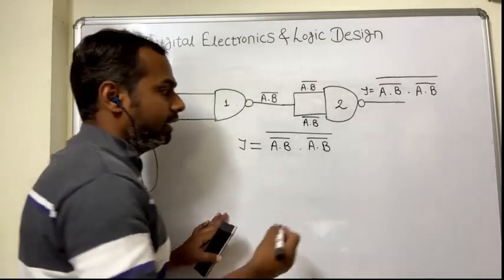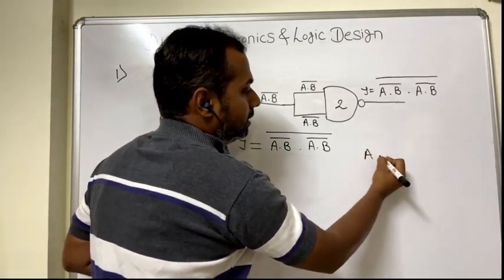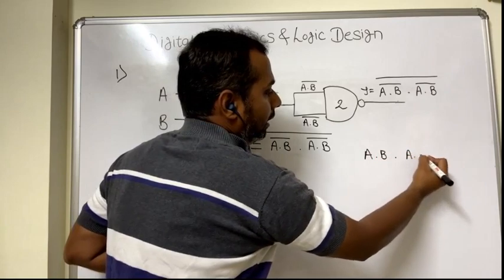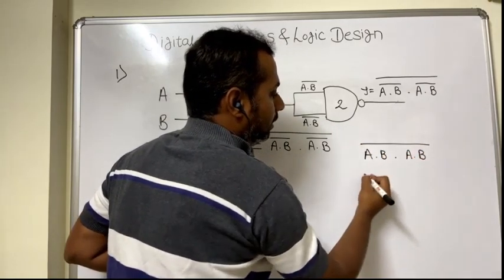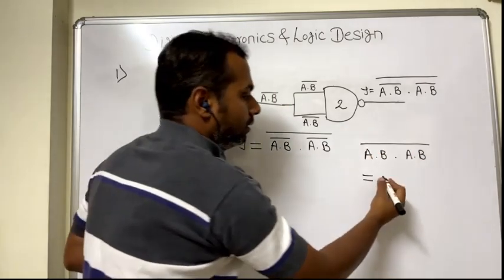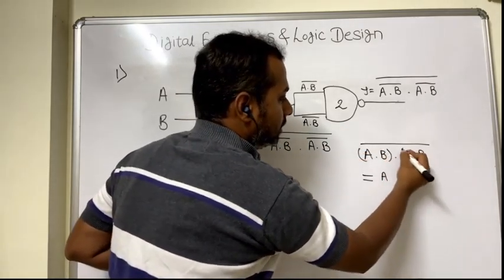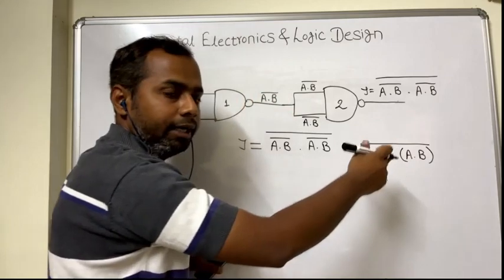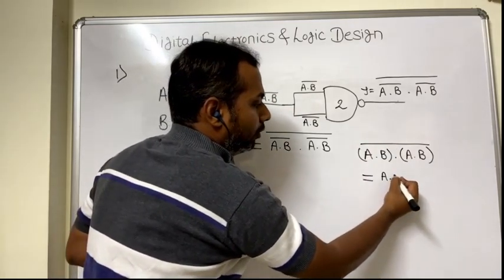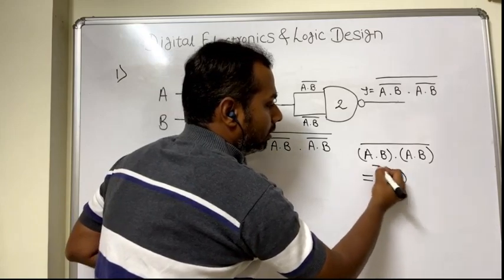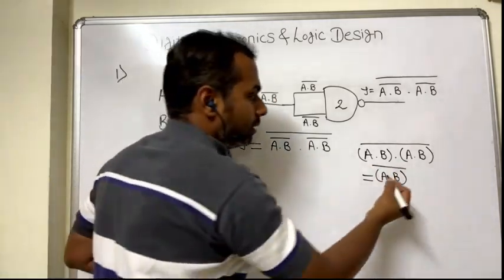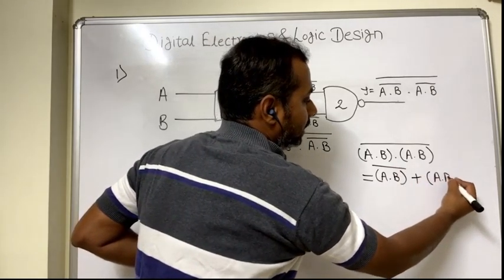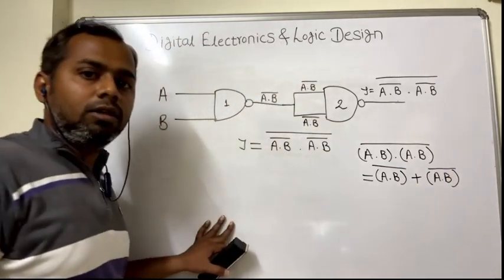What De Morgan's law theorem tells us, if there is (A dot B) dot (A dot B) whole complement, suppose this is the first term, this is the second term, we are having AND operation between them, and for the entire term we are having a complement, then we can take the complement of the first term, and instead of AND operation we can take OR, and the second term as it is with its complement. That is De Morgan's law theorem.